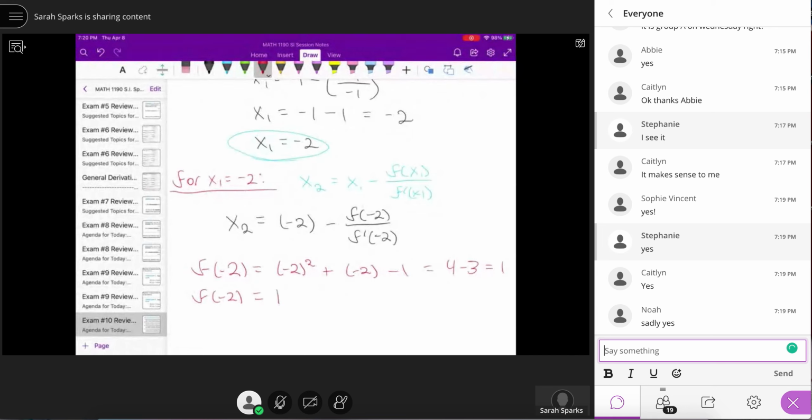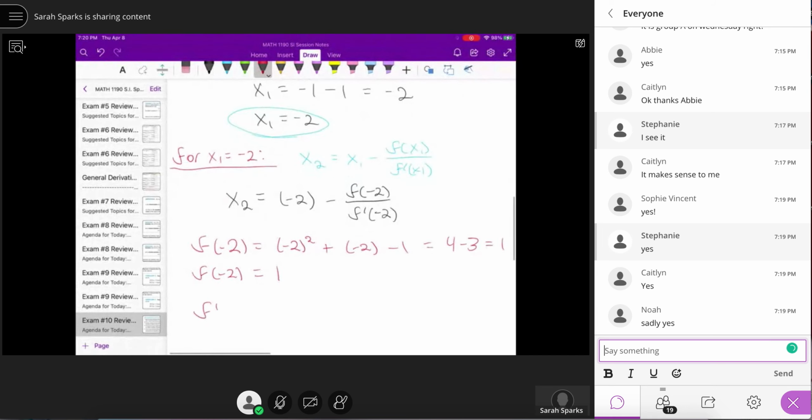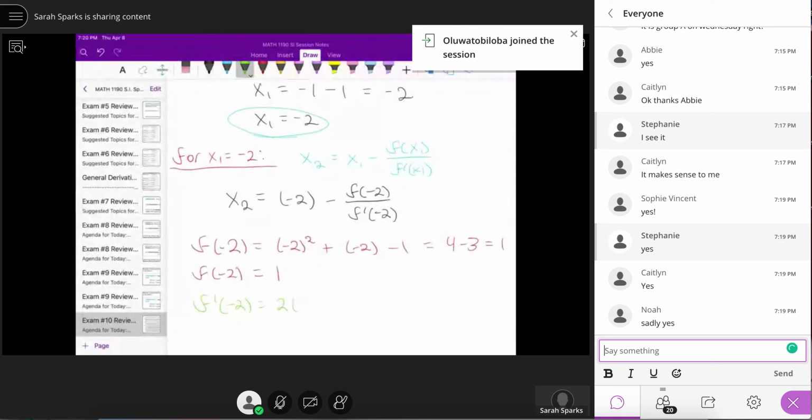And then for f prime of -2, we get 2 times -2 plus 1.